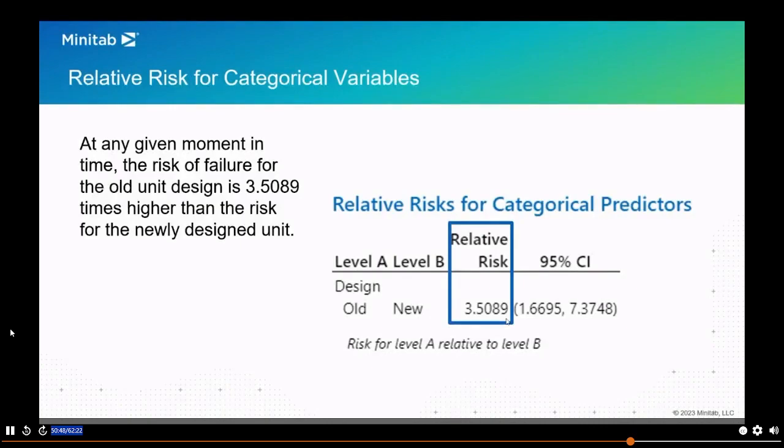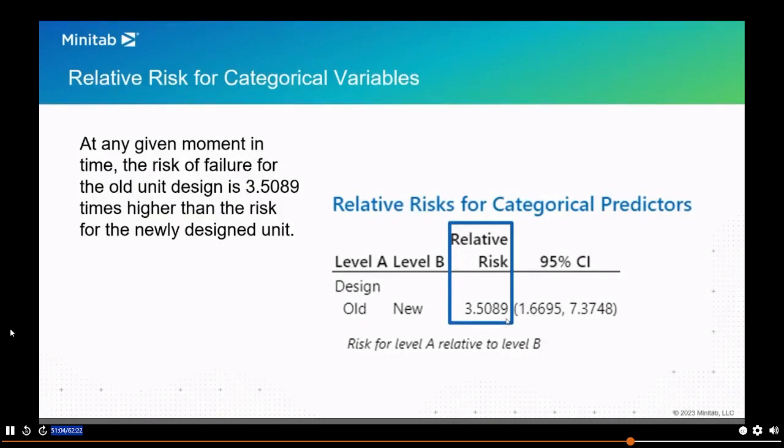So we have had a successful new design. At any given moment in time, the old design, the unit that's out in the field, has 3 times the chance of failure of the new design, right?